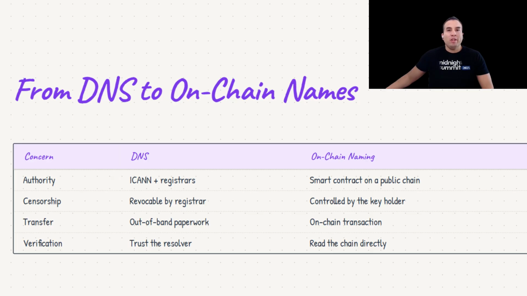On-chain, only the key holder can transfer, period. Third, transfer. DNS transfers are out-of-band paperwork. On-chain transfers are a transaction that settles in seconds. And fourth, verification. With DNS, you trust whatever resolves your query. On-chain, anyone can read the chain directly and verify themselves. Same concept, different trust assumptions. That's the whole argument.